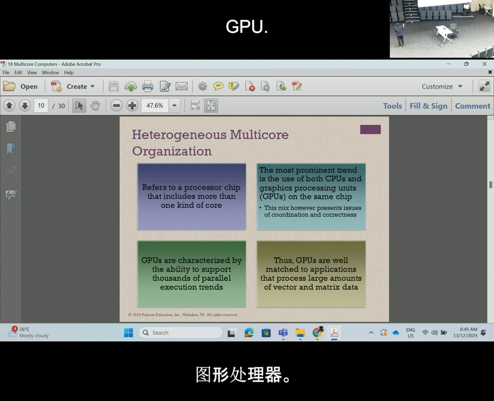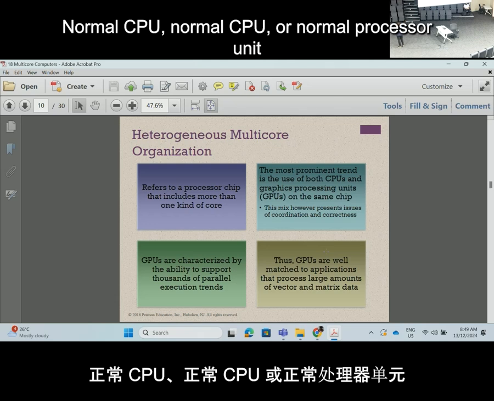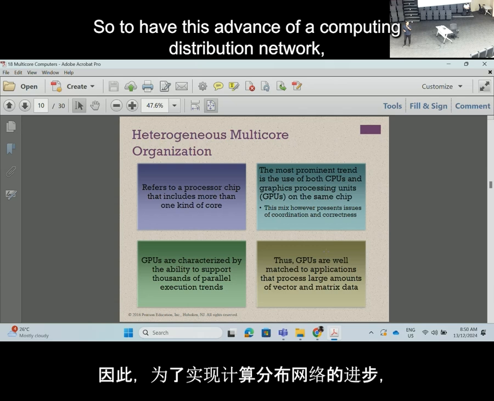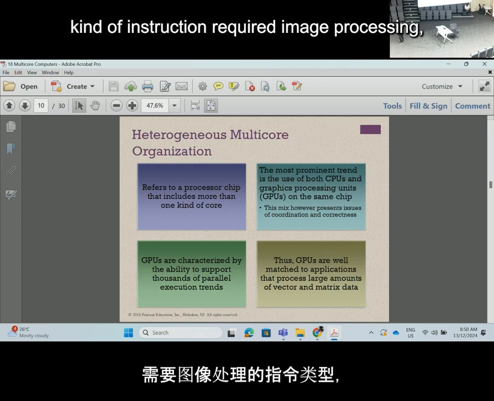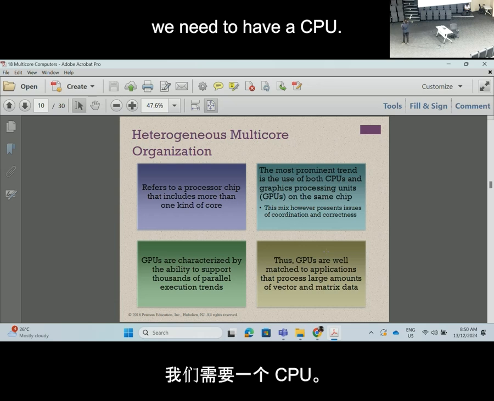Who's doing this? GPU. A normal CPU or normal processor unit can't do that. So to have this advance of cloud computing, distributed network and AI, which makes it possible to calculate and compute instructions requiring image processing, we need to have a GPU.